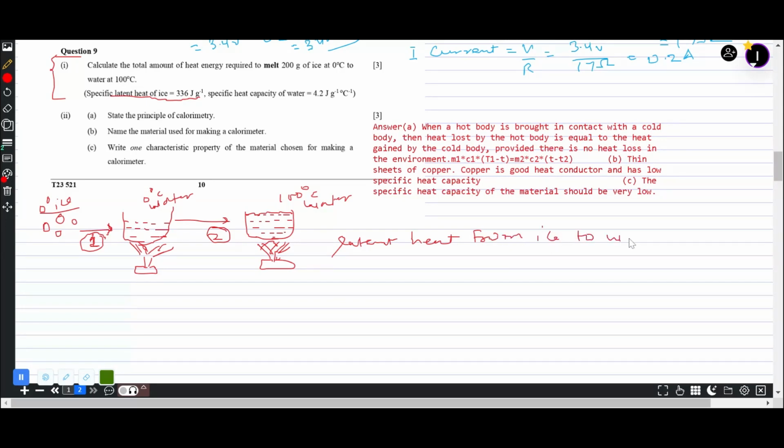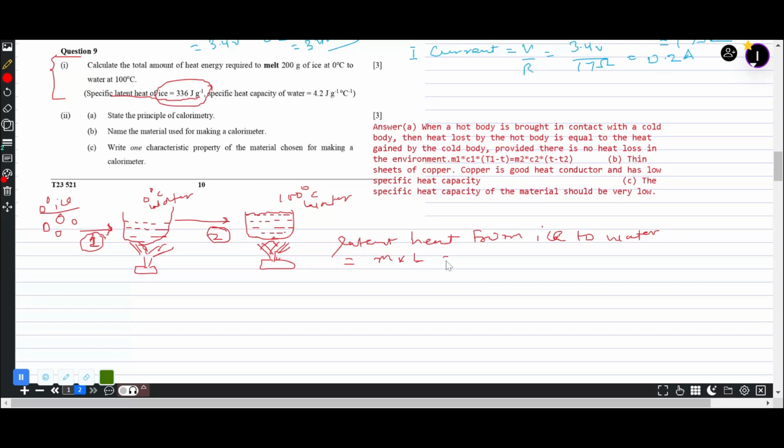All of you are too young, and in fact some of these topics are covered in 11th of CBSE, while ICSE has chosen to put a lot of physics in 10th grade. But sometimes I think it is a little complex. The formula is mass into whatever that latent heat is, which is given as 336 joules per gram.